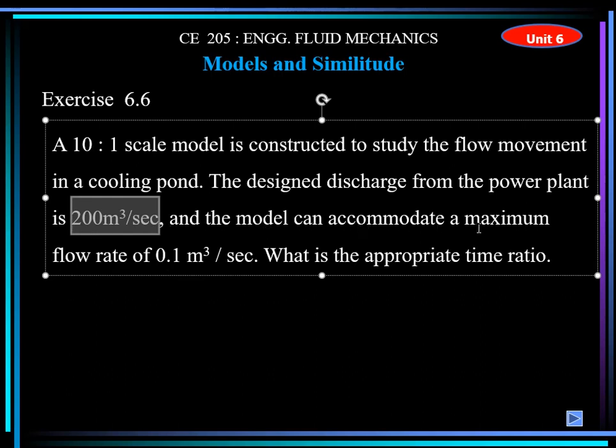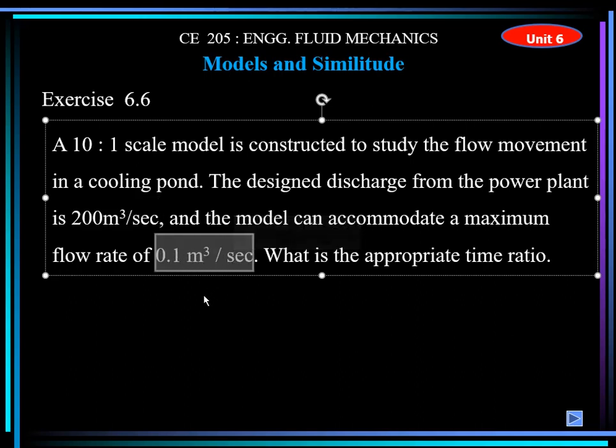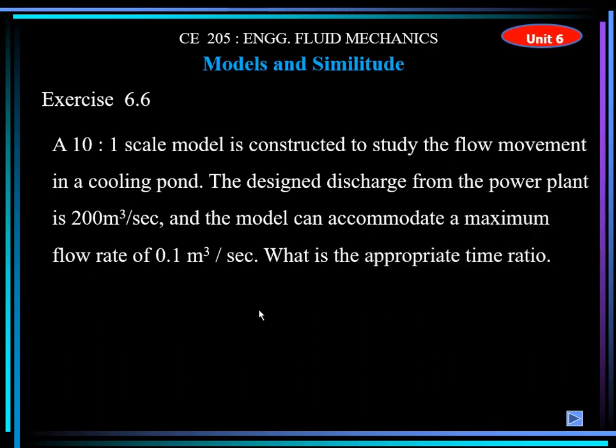The model can accommodate a maximum flow rate of 0.1 cubic meter per second. This is the QM, the Q from the model. So the Q from the prototype and the Q from the model are given. What it is asking is to calculate the time ratio. So we have to find out the TR, right? This is the question.